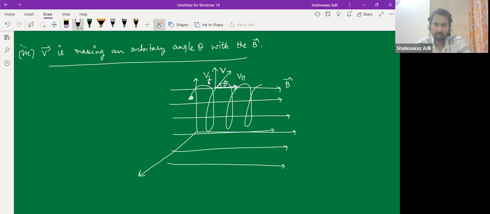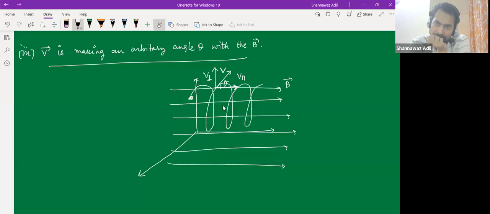So what will this perpendicular velocity do? Tell me, guys, what will this perpendicular velocity do? So this perpendicular velocity is perpendicular to the magnetic field. So what will it do?